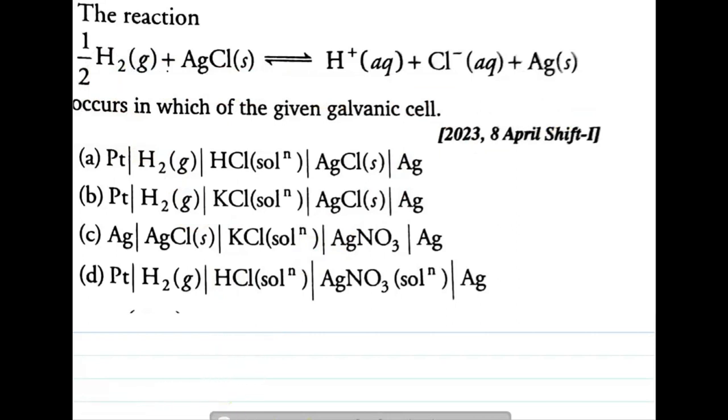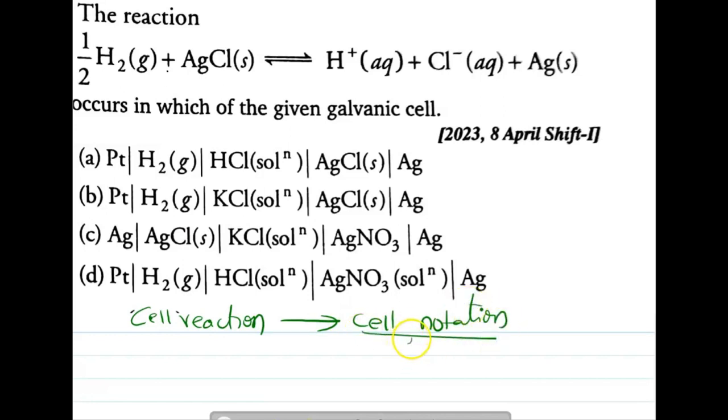If you see the options, all the options are given as cell notations only. That means the cell reaction is given, and he asked you for the cell notation. So how to notate a cell? We have discussed how to notate a cell.